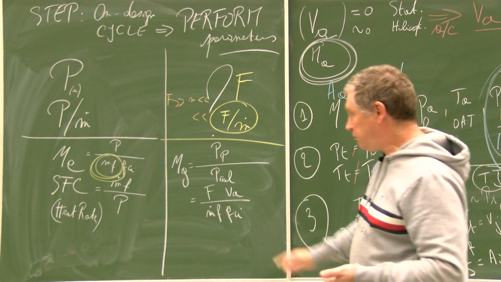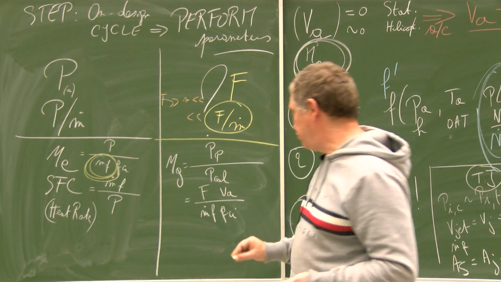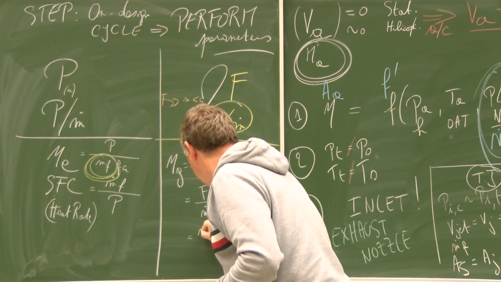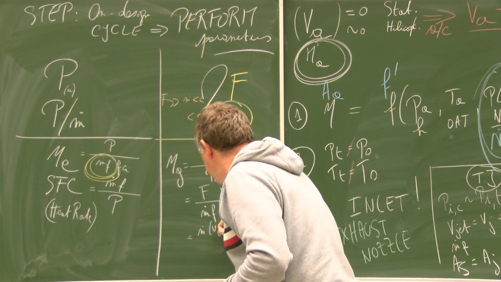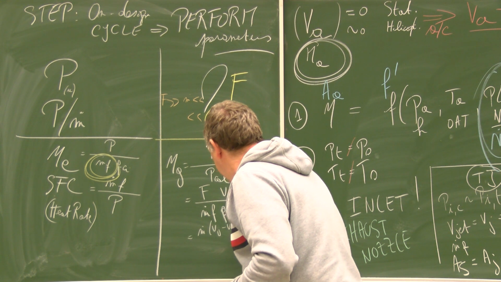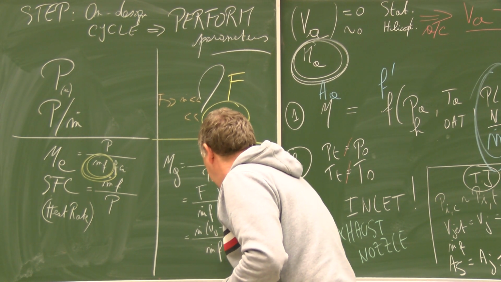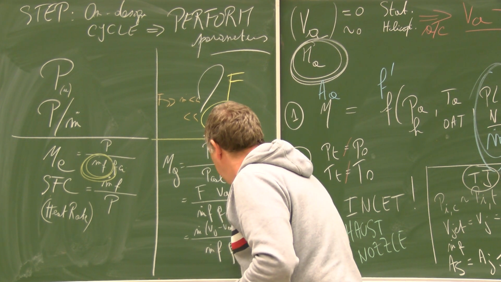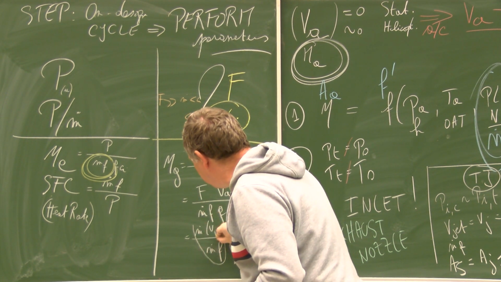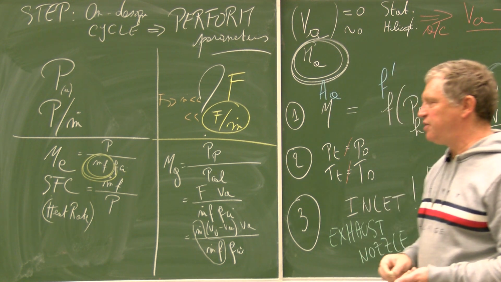Okay? Where F can also be written as m dot (Vjet minus Va) multiplied by Va divided by m dot F QCI. And again, you find here the fuel to air ratio.